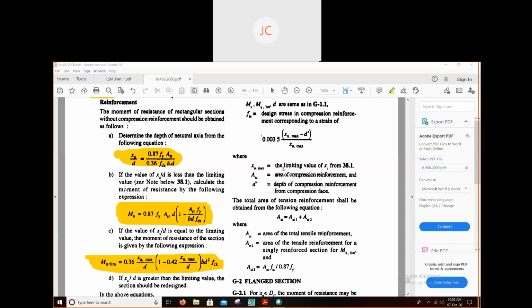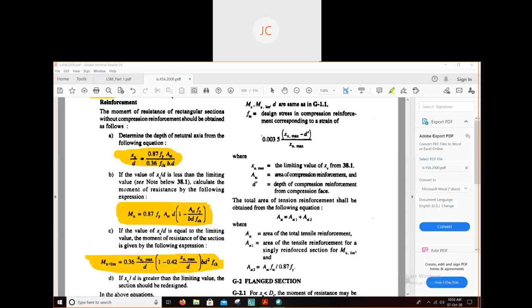We have solved it so many times. We have used this equation so many times. But now also you are not able to answer this question. When will we use this equation? In which condition do we use this Mu lim, the limiting moment of resistance? In which condition? Yes, over reinforced.